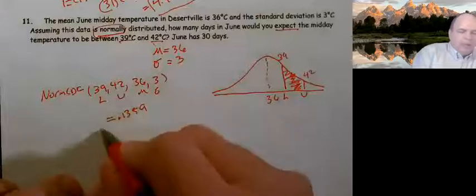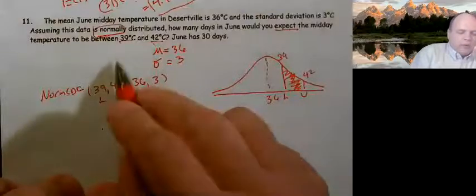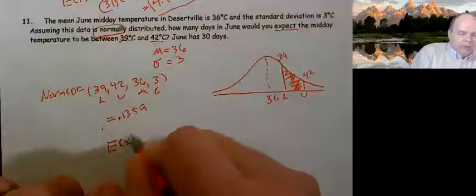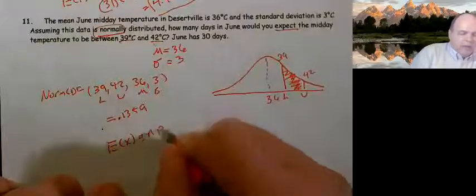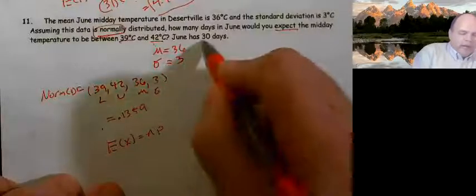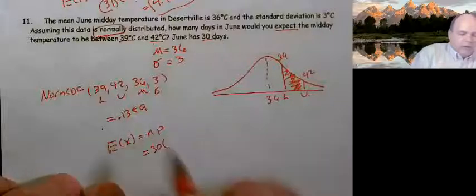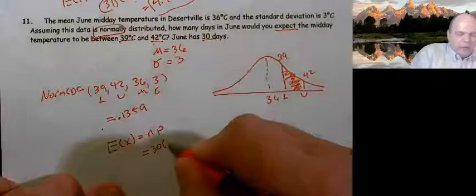But that's the probability. They didn't ask me for the probability, they asked me for the expected value. So I'm going to use expected value, n times p. We have 30 days, that's the number of chances. So out of 30 tries, what's the likelihood? It's about 14%.